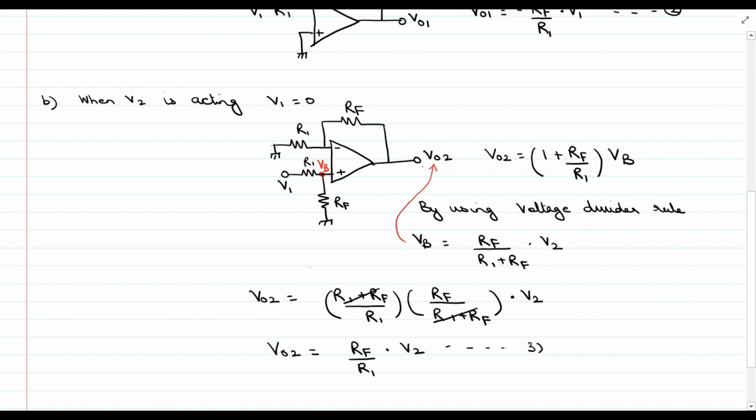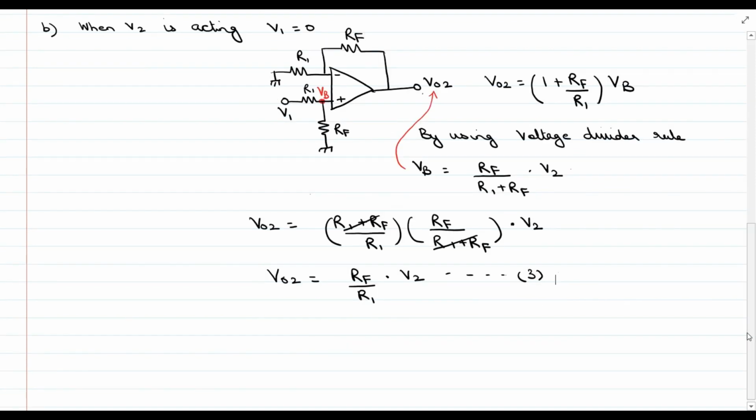Substituting equation 3 and 2 in 1, we get the final output as RF by R1 into V2 minus V1.